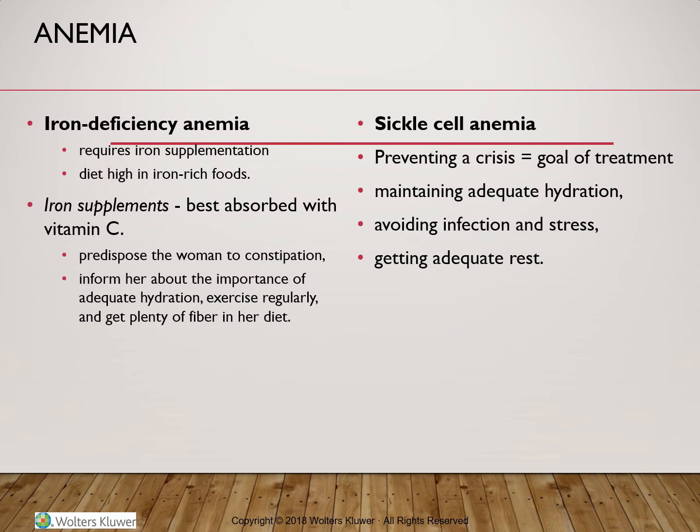Anemia. Anemia is defined as a condition in which the blood is deficient in either red blood cells, the level of hemoglobin in the red blood cells, or in total volume. Per se, anemia is not a disease, but a symptom of an underlying condition.